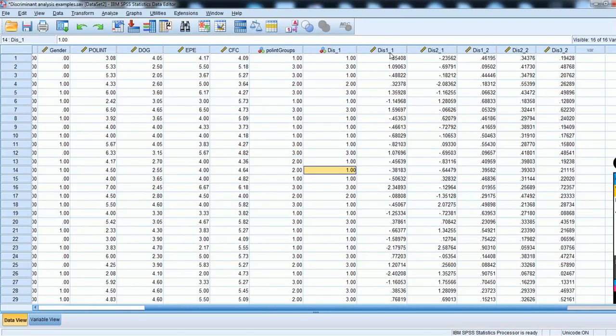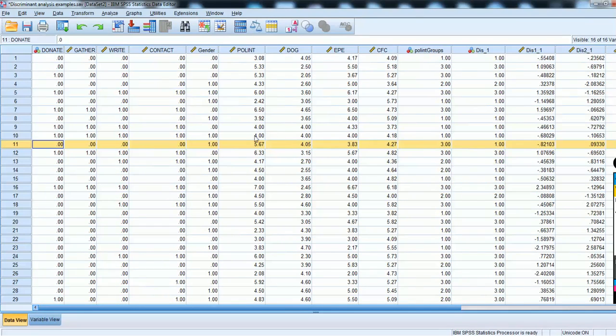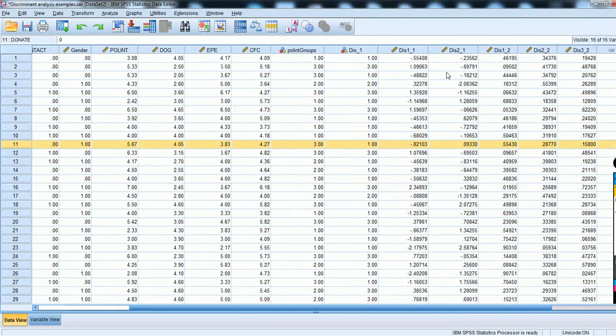Here you can see discriminant function scores for function 1 and discriminant function scores for function 2. These are the scores on those discriminant functions that are assigned to each case in our data set, and it's based on those scores that probabilities are generated regarding group membership.